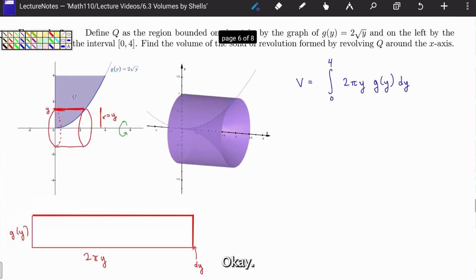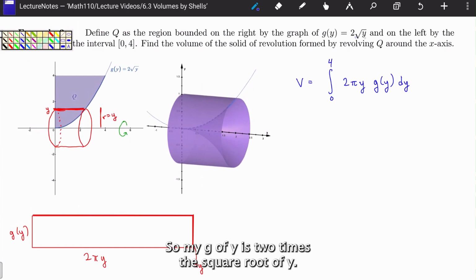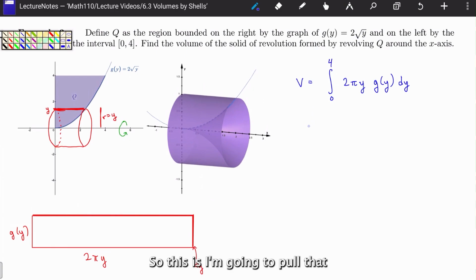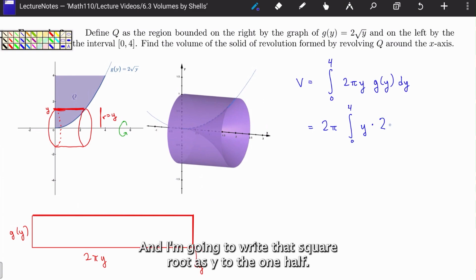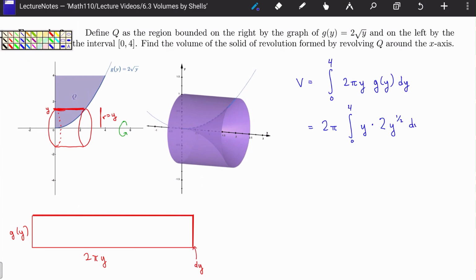Okay, so my g of y is 2 times the square root of y. So I'm going to pull that 2 pi out, and I'm integrating from 0 to 4. Y times g of y is y times 2 square root of y, and I'm going to write that square root as y to the 1/2. Pull that 2 out, so we have 4 pi.